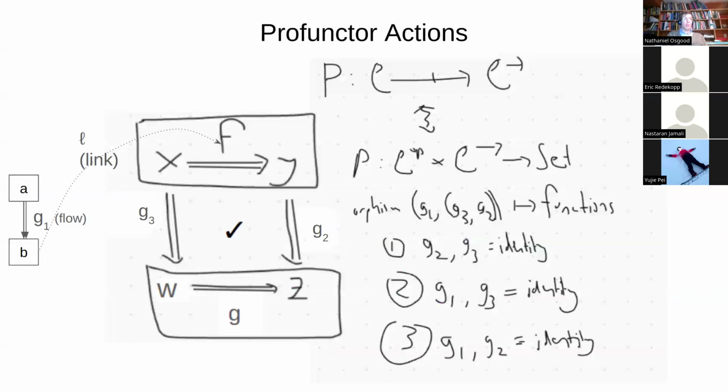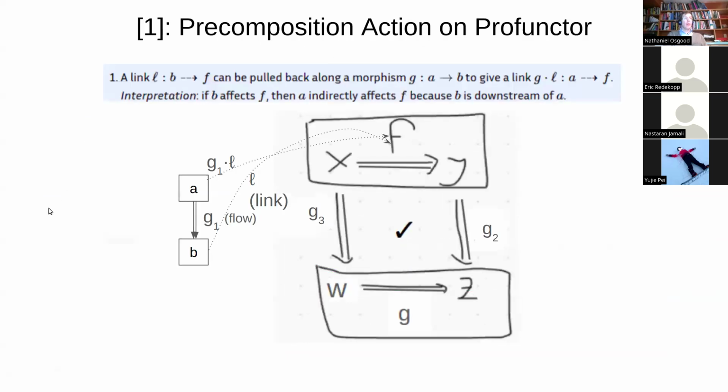Cheyenne had a brilliant point with this, this idea of pulling back, saying, if B influences F, A influences F. And one of her comments was, again, brilliant: how if G1 is a flow whose value doesn't depend on A? Yeah, it flows out of A, but it doesn't depend on the value of A. You can imagine something where it draws down A, but it doesn't depend on its value.